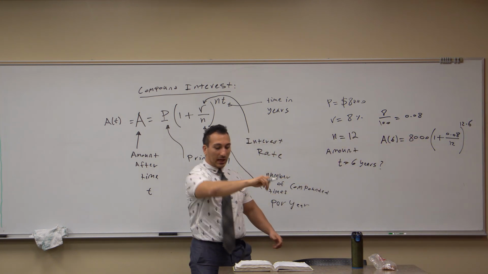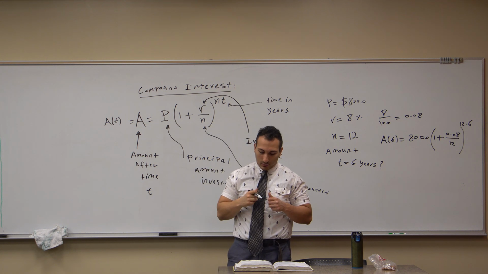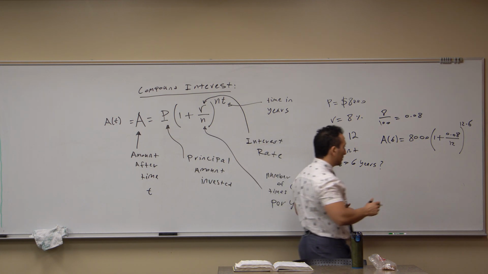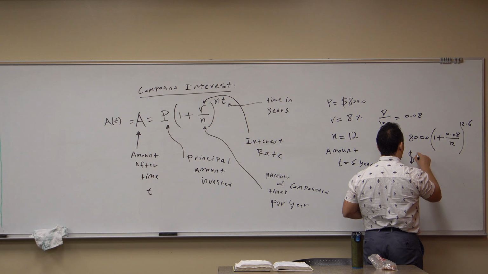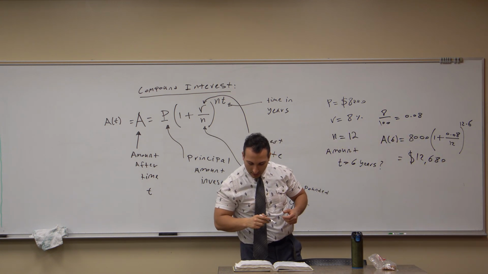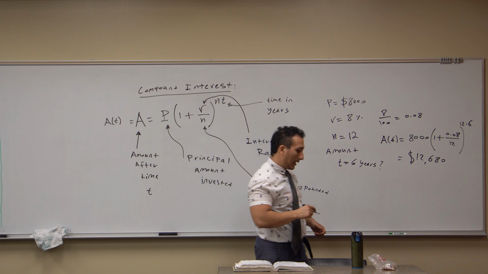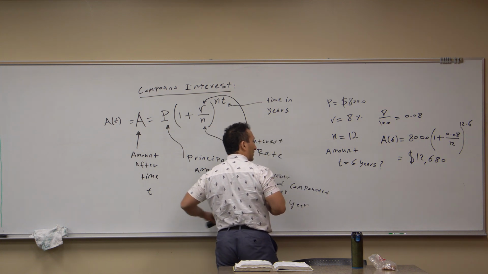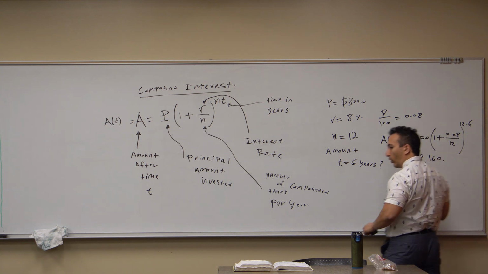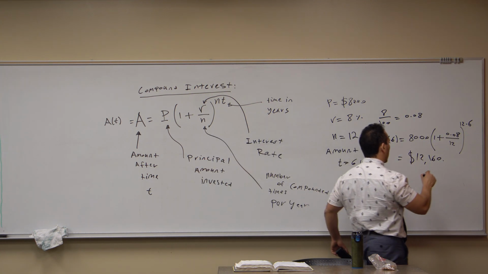Whenever you stick this in your calculator and you're really careful with the way that you input the parentheses and whatnot, you get that it equals 12,160 point some change here, 84 cents.